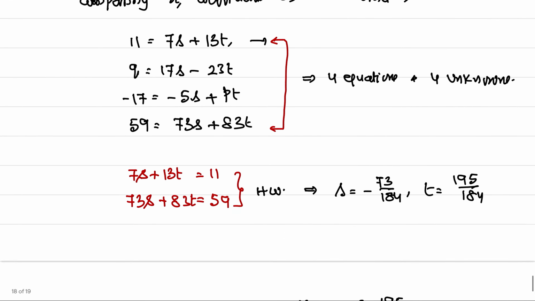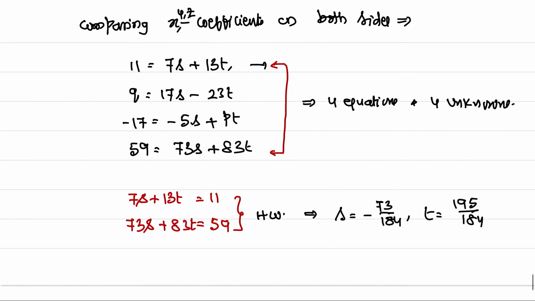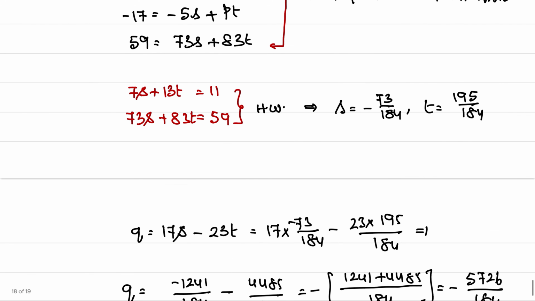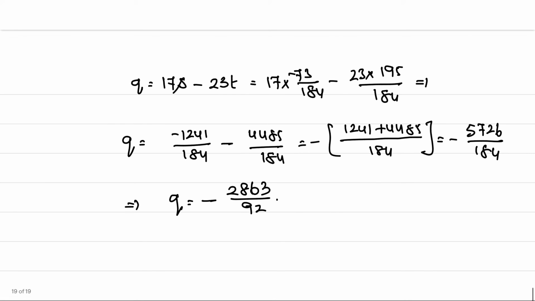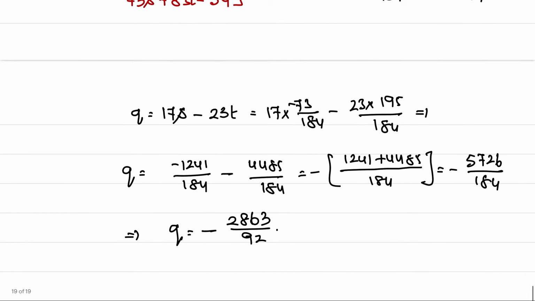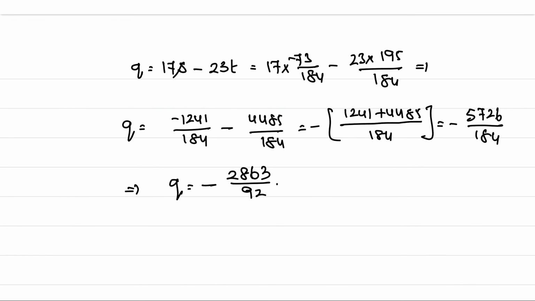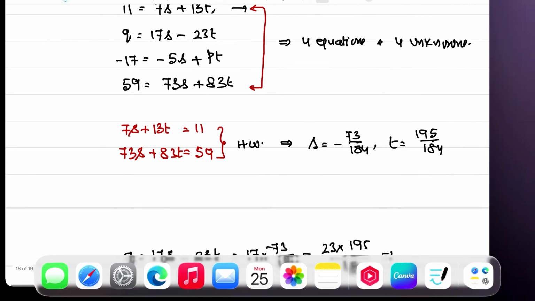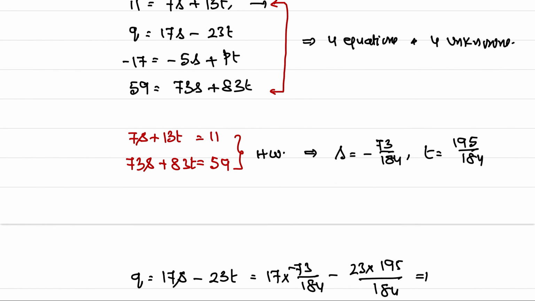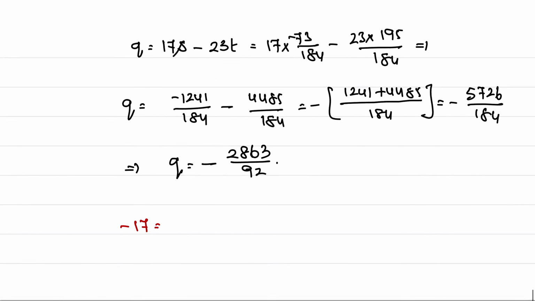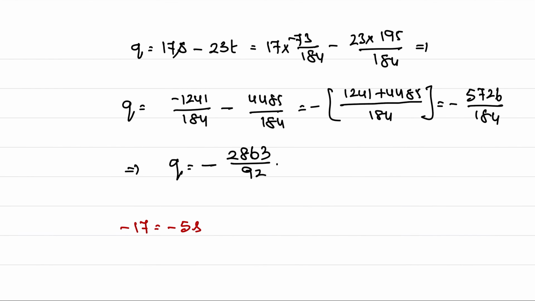Once Q is known to you, then P can be easily known. Minus 17 is equal to minus 5s plus pt.